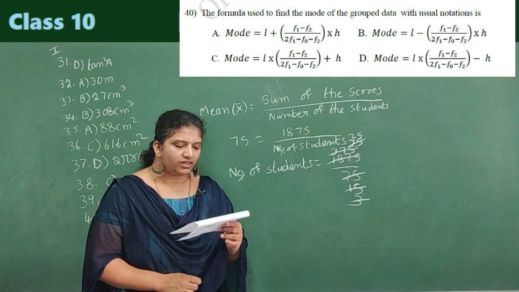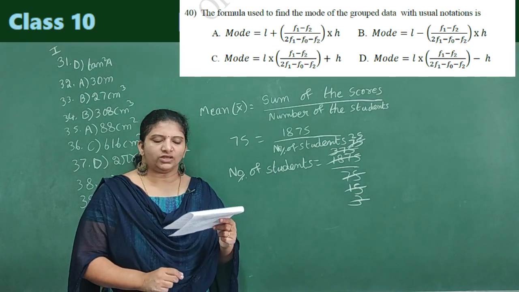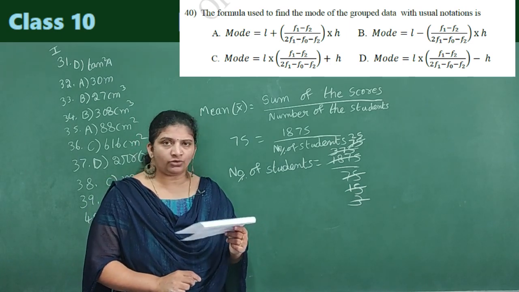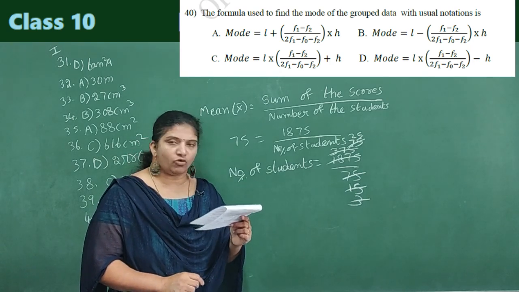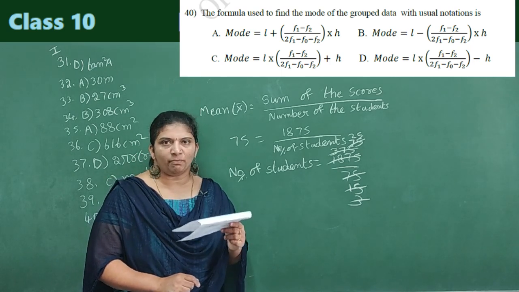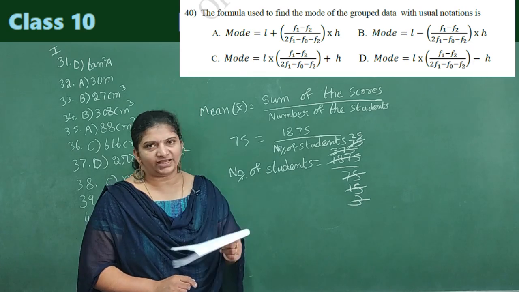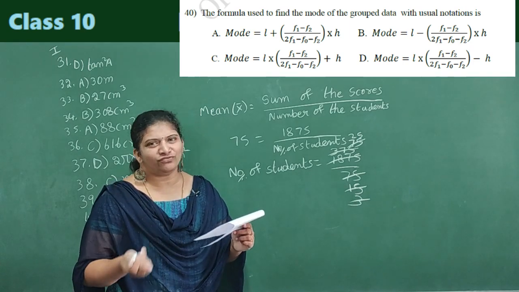40. Last question. The formula used to find the mode of the grouped data with usual notations is. Mode formula, do you remember? Check for the option here. Let's see the first option. Mode is equal to L plus f1 minus f0 by 2f1 minus f0 minus f2 into h. No need of going for other options. This is your mode formula.